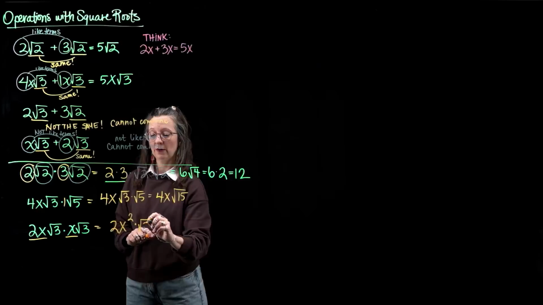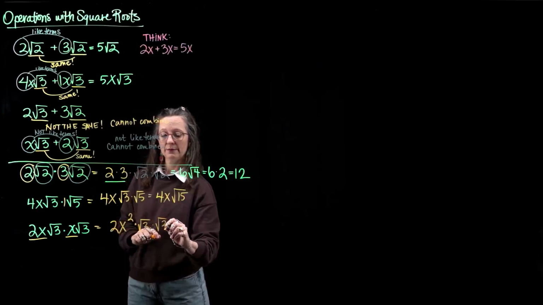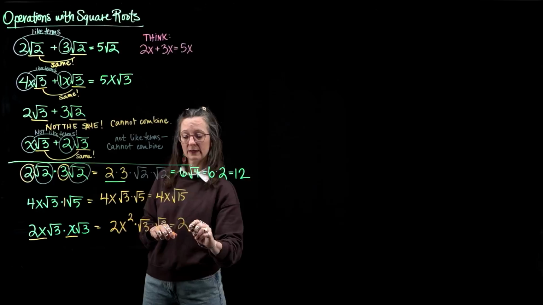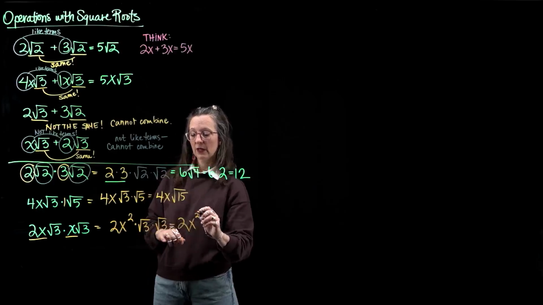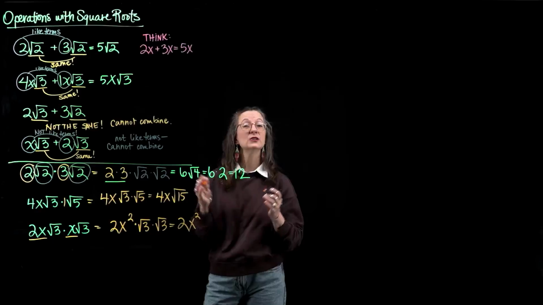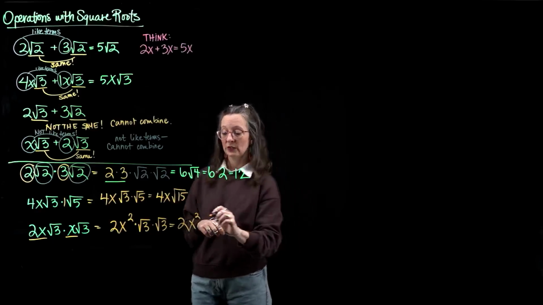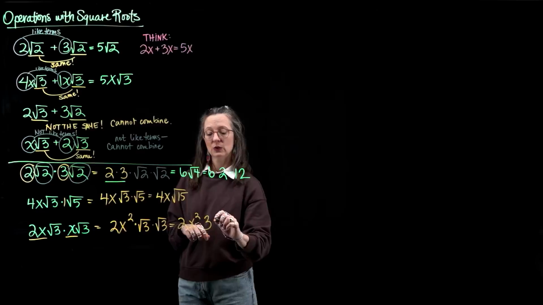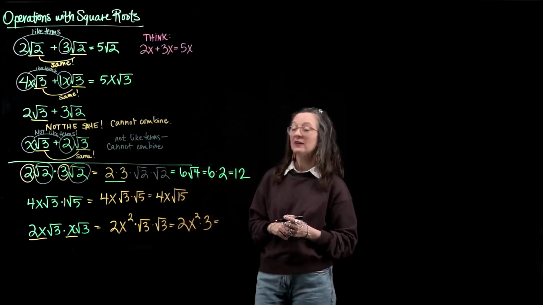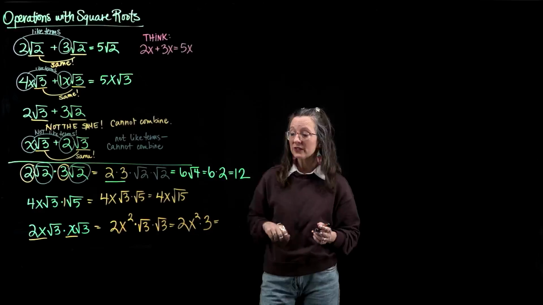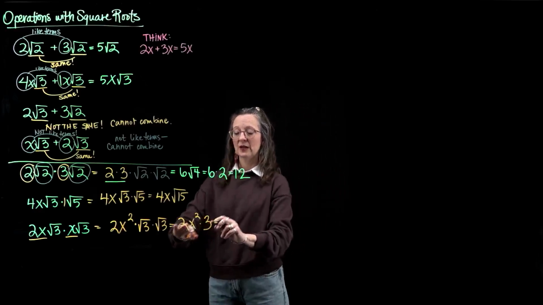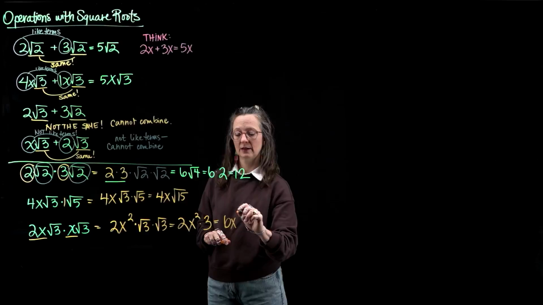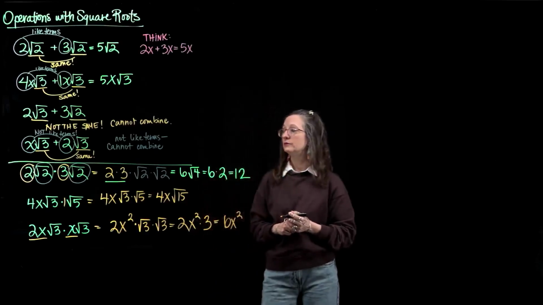So this is square root of 3 times square root of 3. You might not need to write that step, and that's okay. Square root of 3 times square root of 3 is square root of 9, which is 3. So I would have 2x squared times 3. One more step to be done. 2 times 3 is 6x squared.